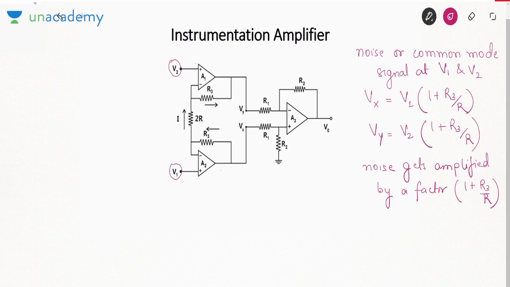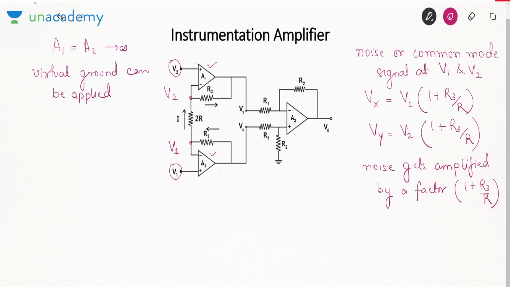How have I changed it? Suppose A1 equal to A2 tends to infinity, that is, the open loop gain of both the op amps is infinite. I can apply the concept of virtual ground. In that case, the voltage here will be V2, the voltage here will be V1.